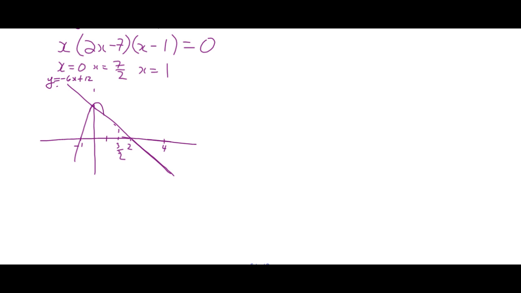So it's going to come here at 1, and then head down and come back up and go through. It's kind of ugly, but here's the area we're looking for. So basically between 0 and 1, and between 1 and 7/2. Oh, wait, 7/2 is 3.5.